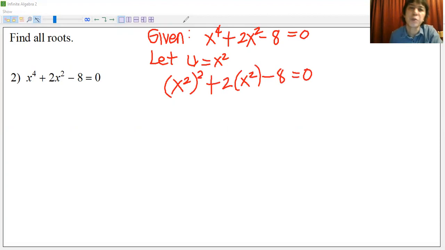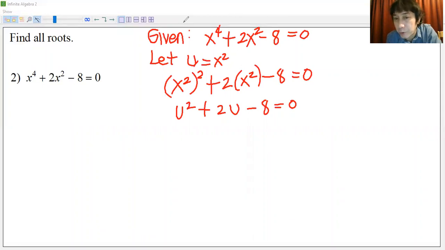Okay, using now our substitution letter u, we have u squared plus 2 times u minus 8 is equal to 0. Okay, all right, the factors are 4 and 2 for 8. That means 4 times 2 is 8, and we get the difference of 4 and 2, which is the middle term, which is the 2. So we can use 4 and 2.